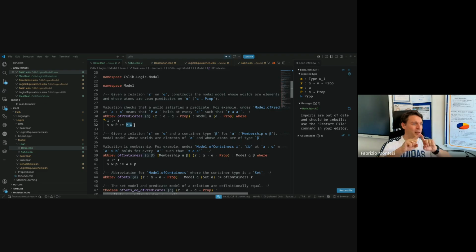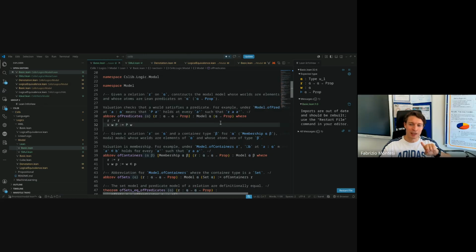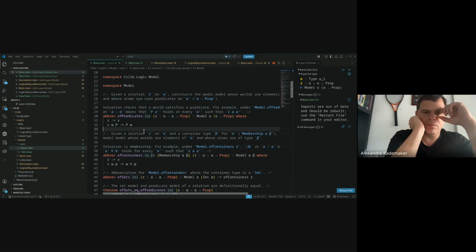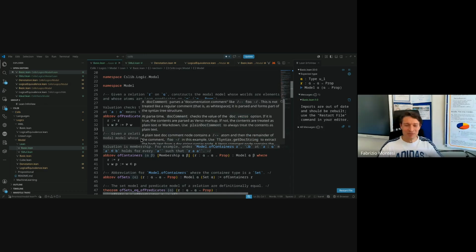So the worlds are just elements of type alpha, and the atomic propositions of the logic are Lean predicates of type alpha to Prop. And I can do lots of stuff with that.